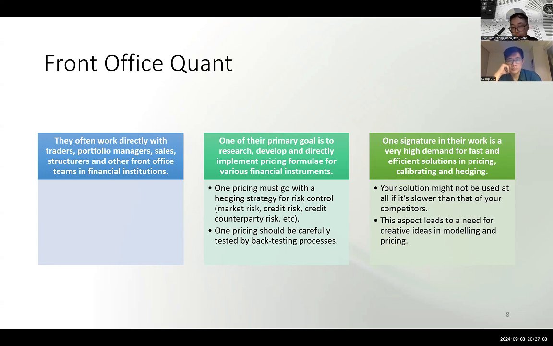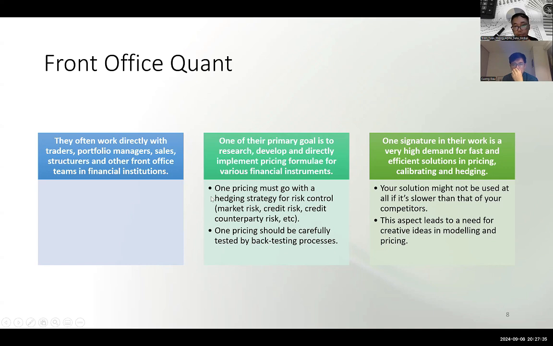Even if very precise, you cannot use it if it's too slow in front office. That's very important. It's different from the middle or the back office perspectives, right? And this aspect leads to a need for creative ideas in modeling and pricing. It is very important for a front office quant.